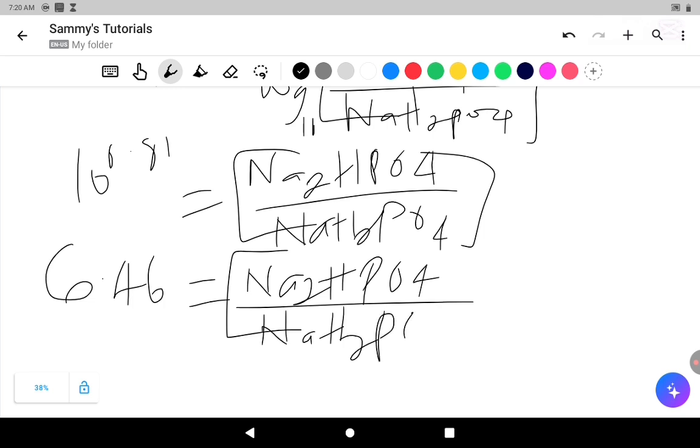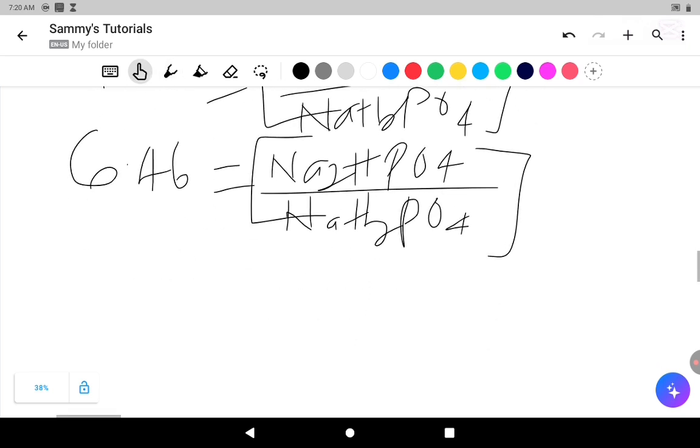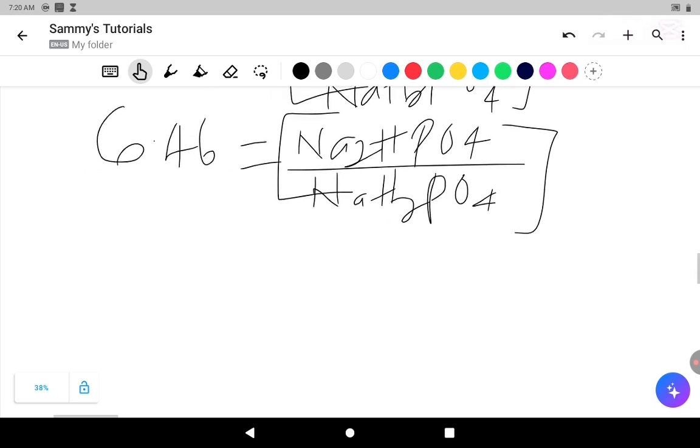NaH2PO4. Now, how are we going to resolve this? Easy peasy. You have this here, so you are going to find the ratio of both of them. How do you find the ratio? You put over 1 here.